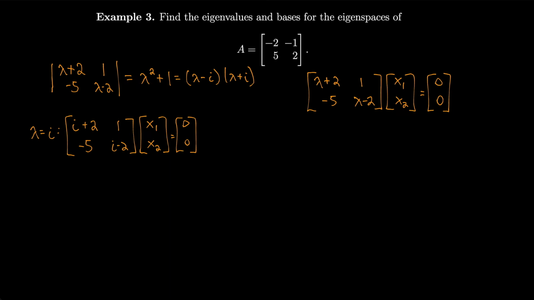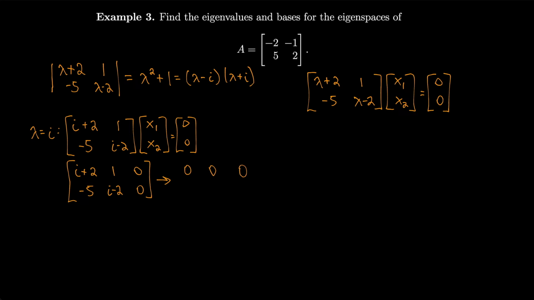So then I'll join the 0, 0 column to get i plus 2, 1, 0, minus 5, i minus 2, 0. And I'll reduce that. So I'll swap the two rows. So I'll take this top row and I'll move it over for this row. But then I'll just take this entire row and multiply it by 0, so that I get all zeros.